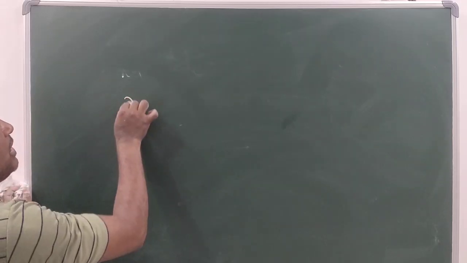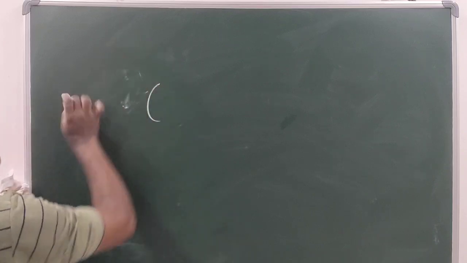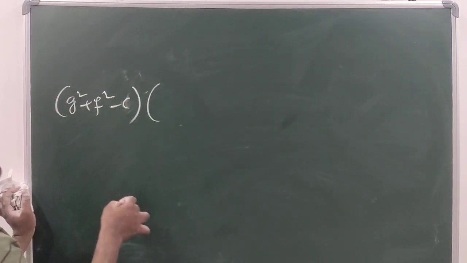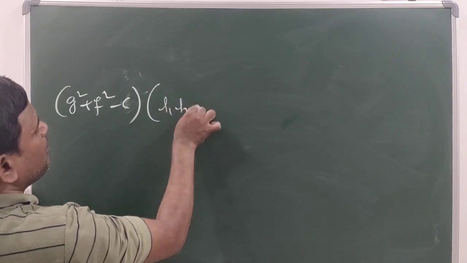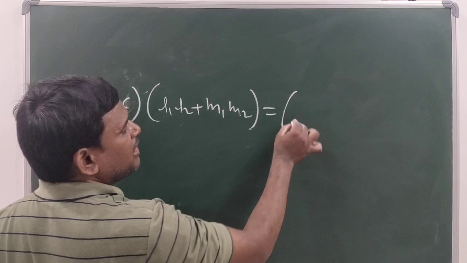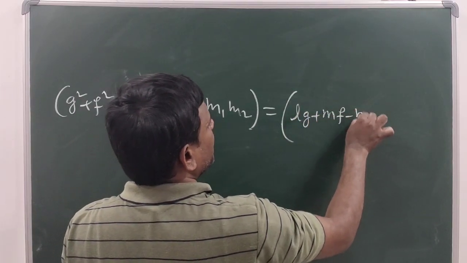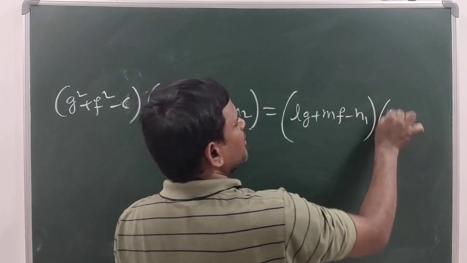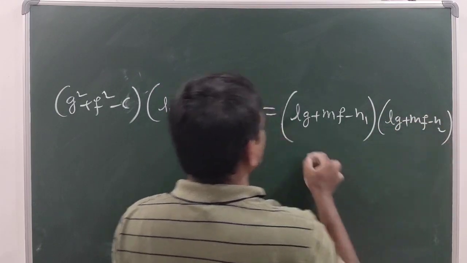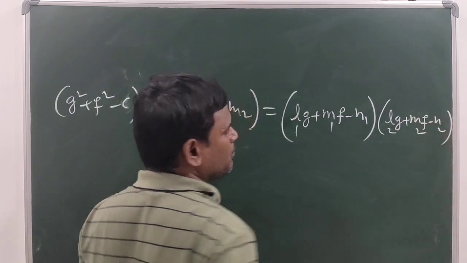Then what condition do we get? Here R square means find the radius of the given circle. R square means g square plus f square minus c, into L1 L2 plus M1 M2 is equal to Lg plus Mf minus N1 into Lg plus Mf minus N2. So here L1 M1 L2 M2.